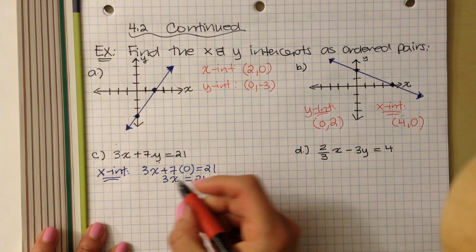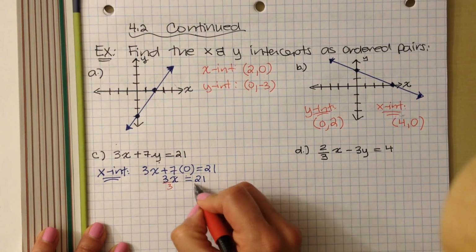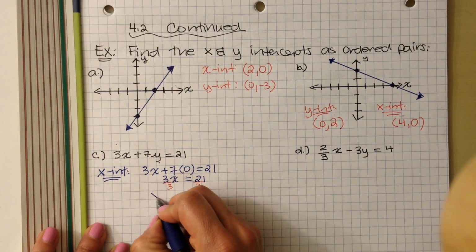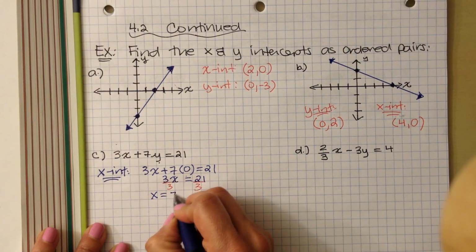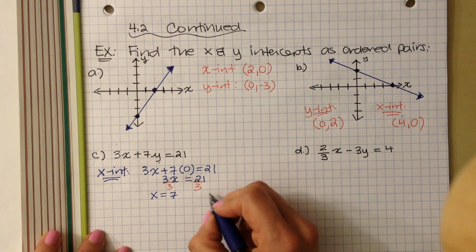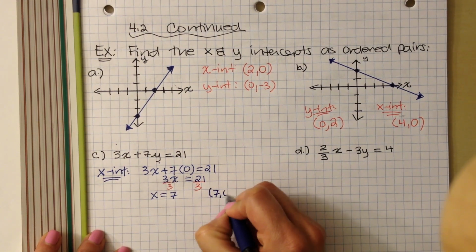To solve for x, divide by 3. x is equal to 7. We want to write our answer as an ordered pair, so the ordered pair is going to be 7, 0.